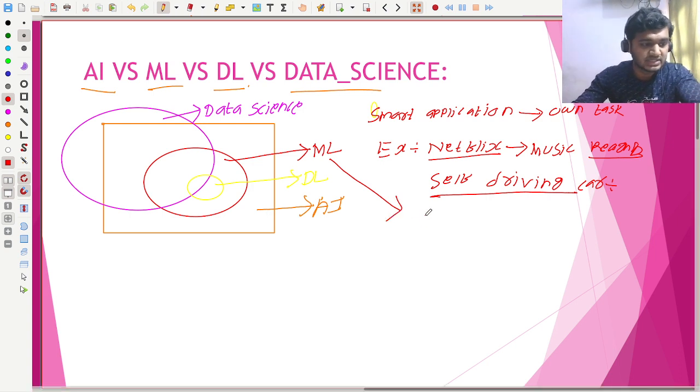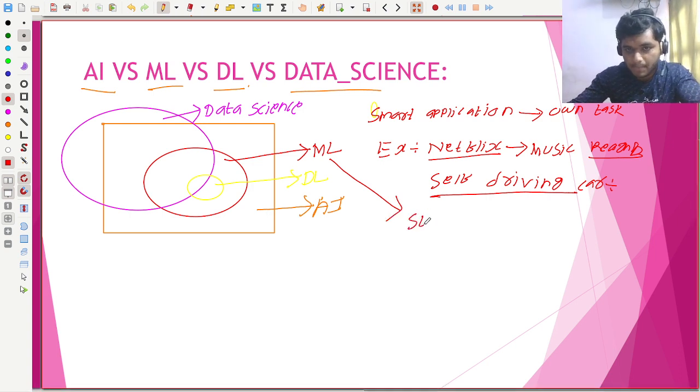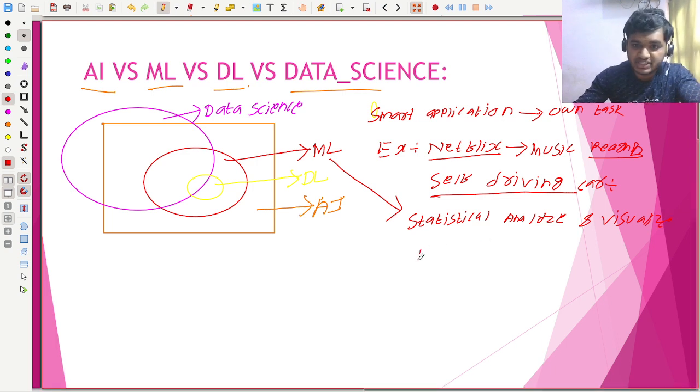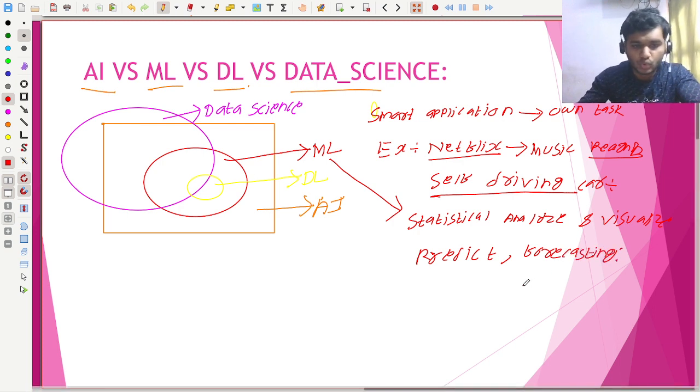ML is statistical analysis and visualization, that is prediction and forecasting.